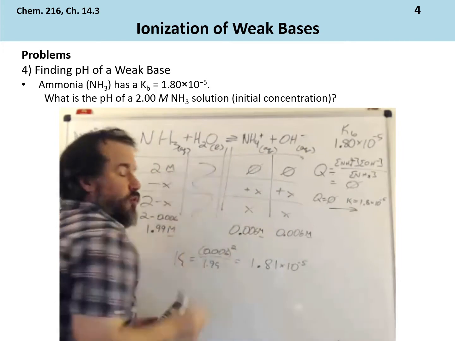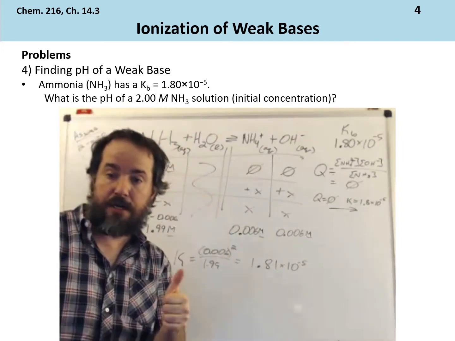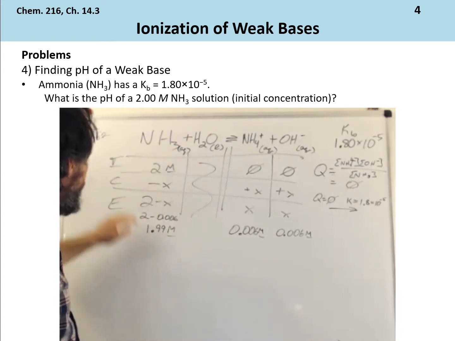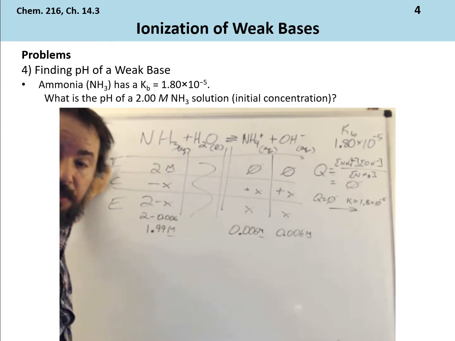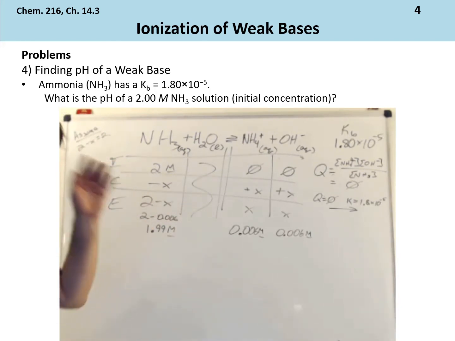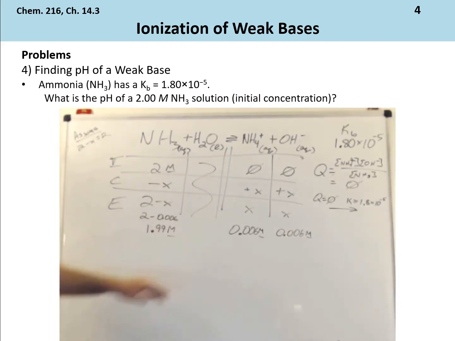So I'm really close to what I started with, so I'm good. Okay? All right. Now, I could also check my assumption. You always should. But in this case, I'm not going to. This lesson is long enough. We're not going to go in it. But you can. And we see that 2 and 1.99. Yeah, that's really small difference.